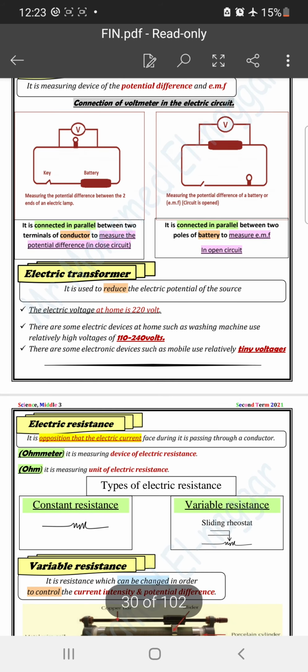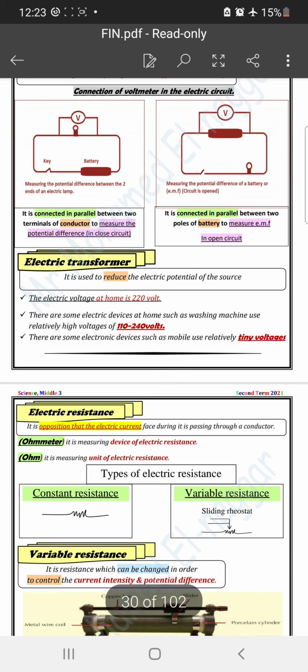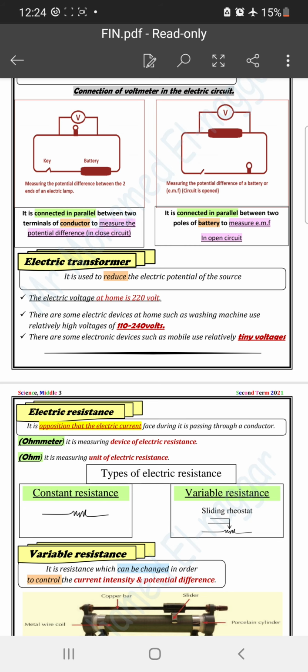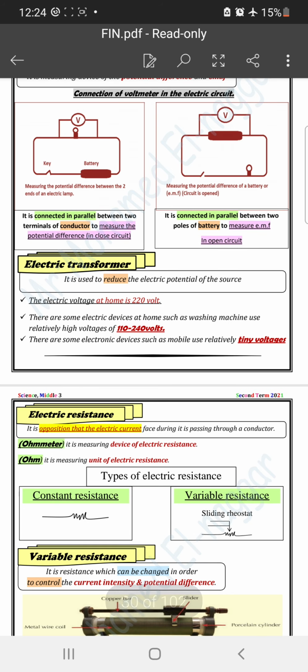On the left side is the measuring of potential difference between the two ends of an electric lamp, and on the right side, we have the measuring of potential difference of a battery when the circuit is opened, measuring EMF here. The voltmeter is connected in parallel between the terminals of a conductor to measure the potential difference in a closed circuit, but it is connected in parallel between the two poles of the battery to measure the EMF in an open circuit.